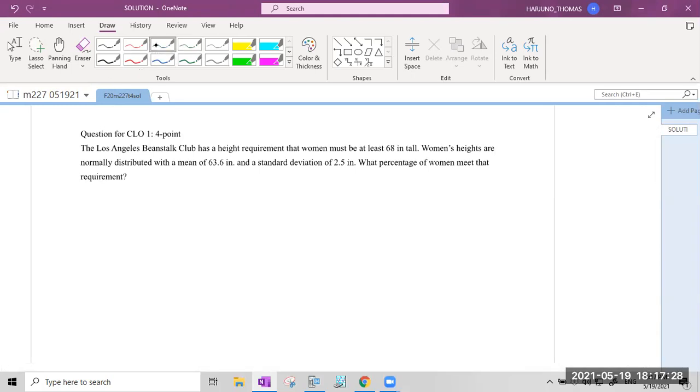The Los Angeles Beanstalk Club has a height requirement that women must be at least 68 inches tall. Now women's heights are normally distributed, so let X be women's height.